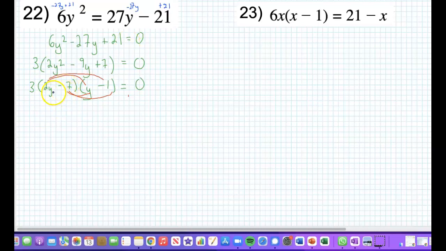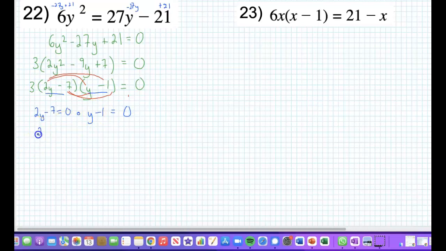Whenever we're multiplying numbers, we've got a number here, a number here, and then this is 3: 3 times something times something. If this bracket was equal to 0, it would satisfy the equation. Or if 2y minus 7 equals 0, or y minus 1 equals 0, both of those cases will be solutions.